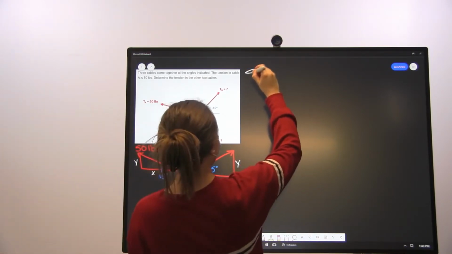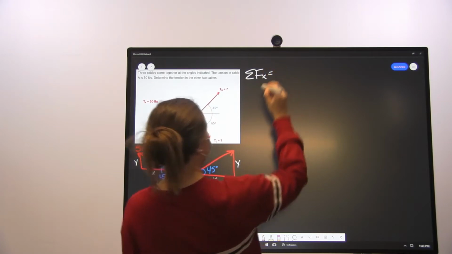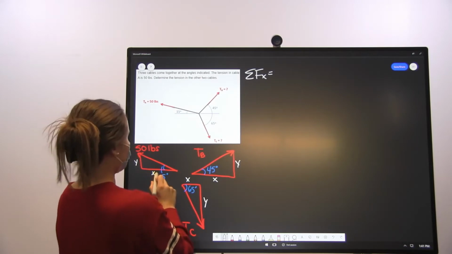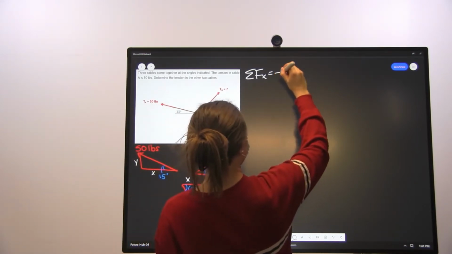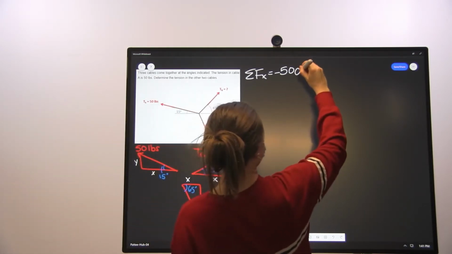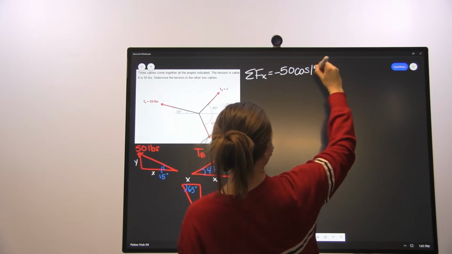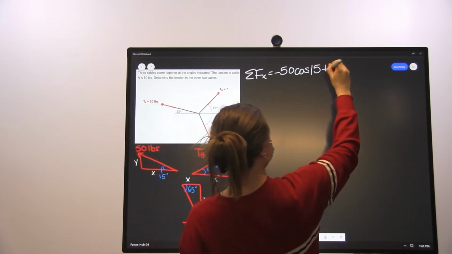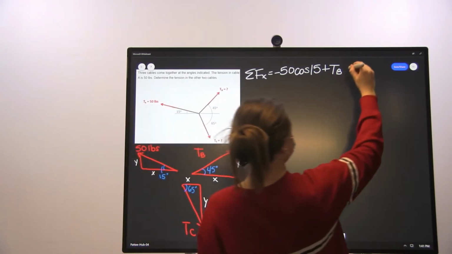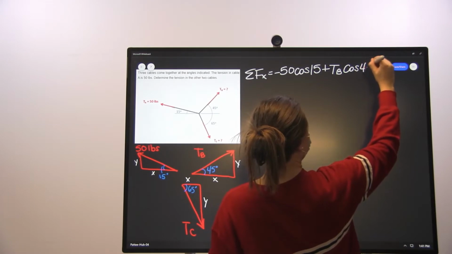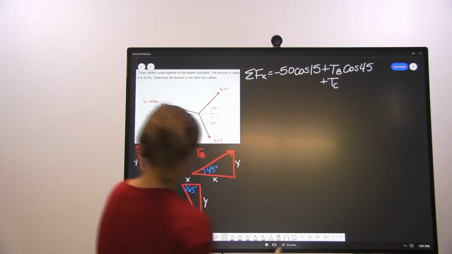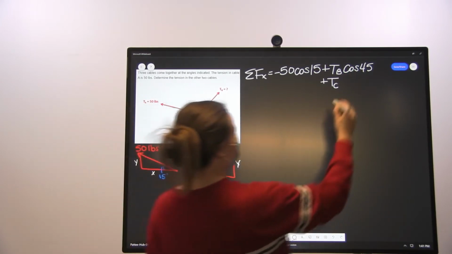So we have our net forces in the x direction. So we have our tension A, our x component of tension A, which is going to be negative 50 times cosine of 15, because that's where the x component is, plus tension B, and we're going to multiply that by cosine 45, plus tension C, and our x component of tension C is the cosine.